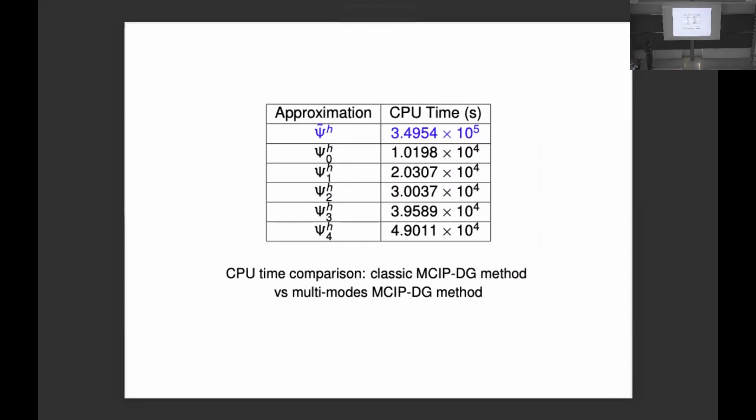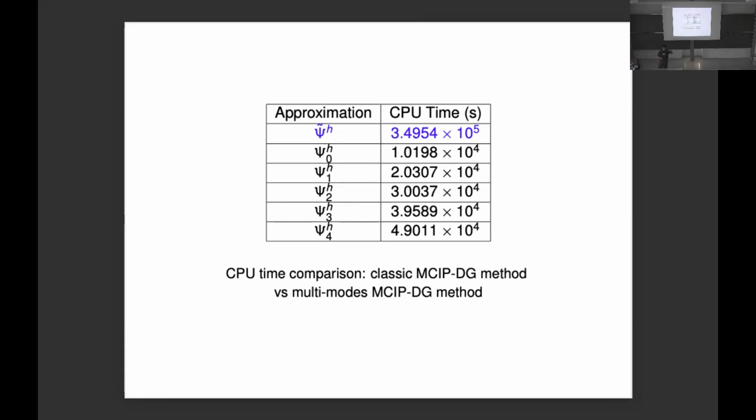This one is run on a desktop, just to give a relative comparison. The first line says that if you do the Monte Carlo directly, brute-force Monte Carlo, it is not as good as we expected. You see an order of magnitude more computation.